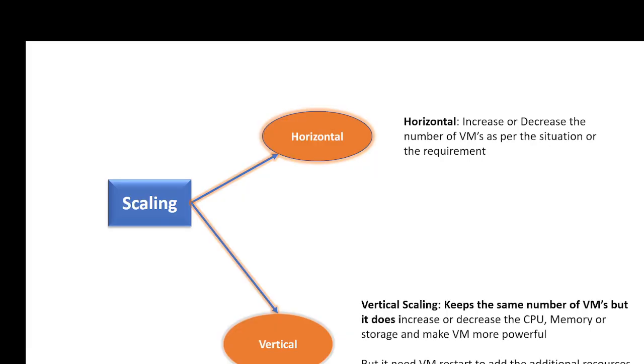To understand that, there are two types of scaling. One is horizontal scaling, another one is vertical scaling. So horizontal scaling means it increases or decreases the number of virtual machines. Say for example, you have 2 virtual machines.